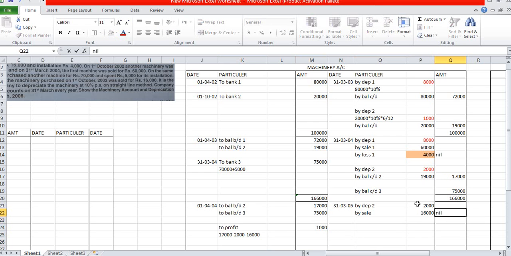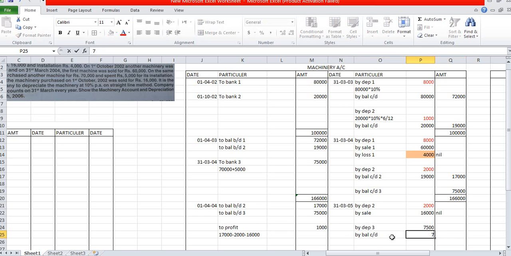Second machine we have over, this is depreciation. I'm putting this one in red. Now the third machine, by depreciation third, 7,500, by balance carried down, 67,500.